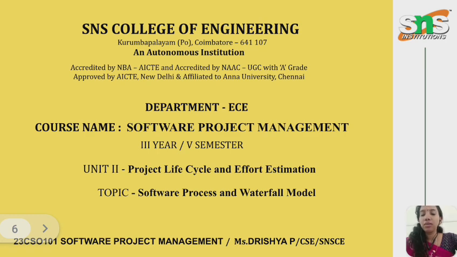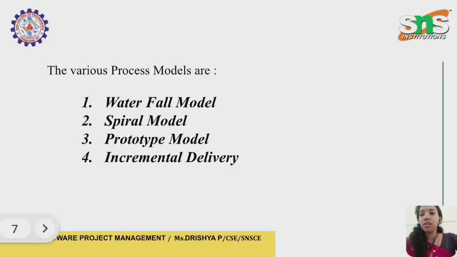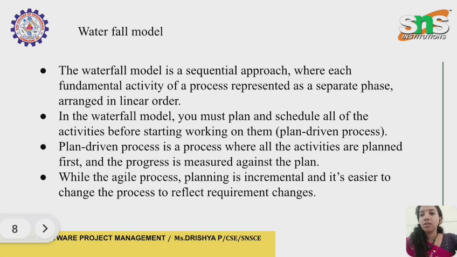Today we are going to detail the waterfall model and the spiral model. The various process models are the waterfall model, spiral model, prototype model, and incremental delivery. These are the four types of various models.